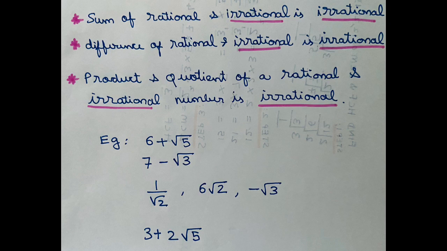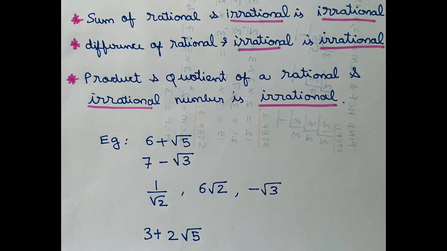So let's discuss a few properties of irrational numbers. The sum of a rational number and an irrational number is irrational. And the difference between a rational number and an irrational number is irrational. The product and quotient of a rational with an irrational number is an irrational number. So with that, we can conclude that if you find a single irrational number, you can get an irrational number.